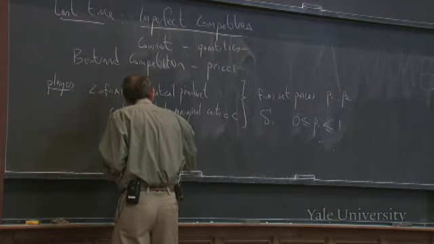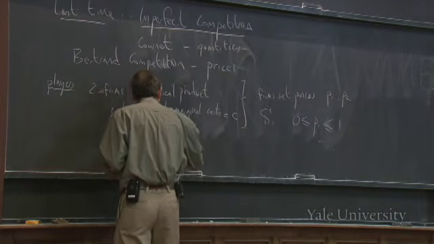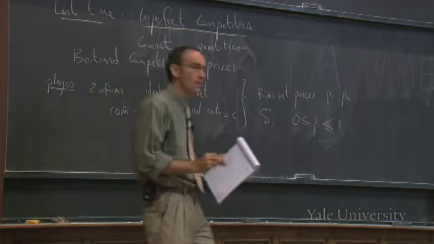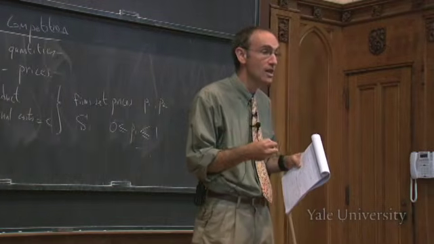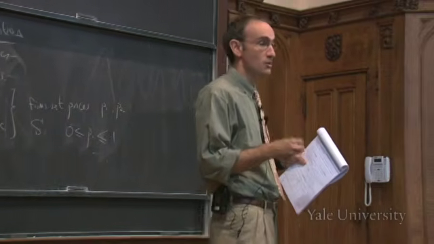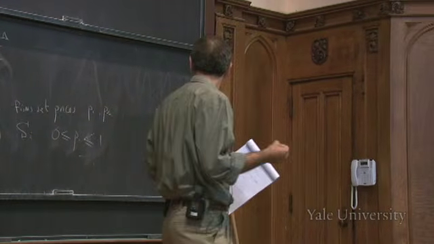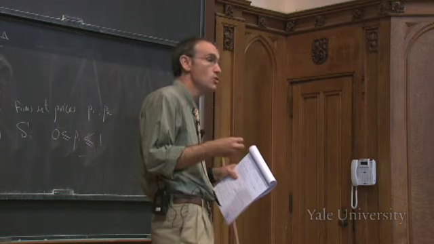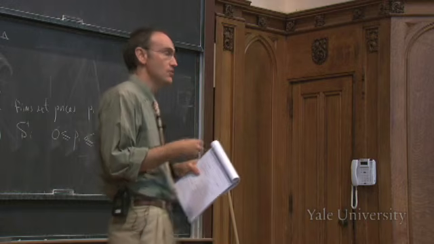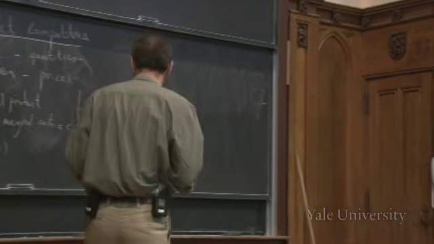And let me use a big Q of P to be the total quantity produced, the total quantity demanded in the market. So this will be the total quantity of goods produced by firm 1 and goods produced by firm 2 that are consumed. So this is the total quantity of Coke plus Pepsi.